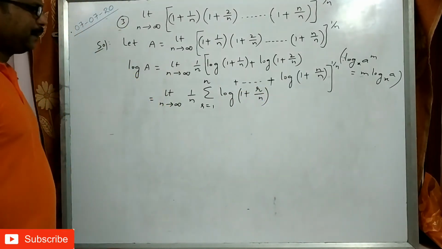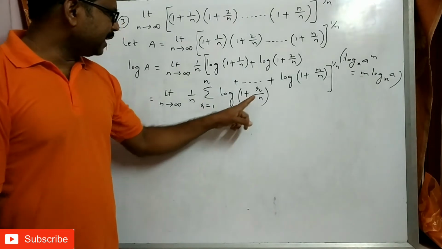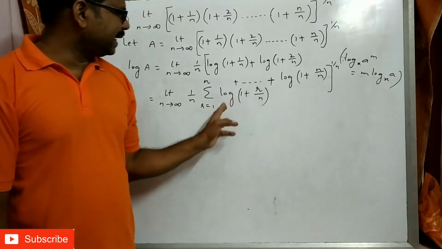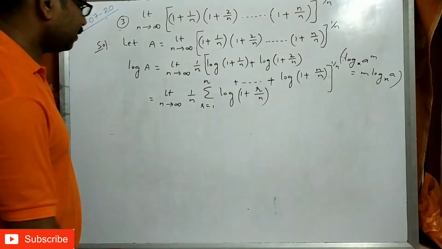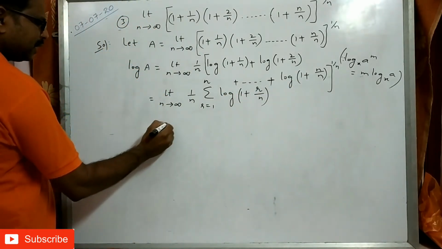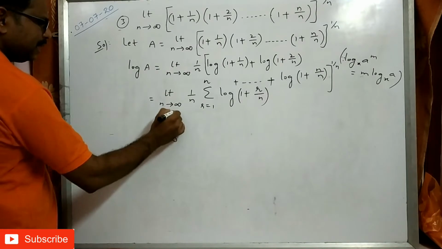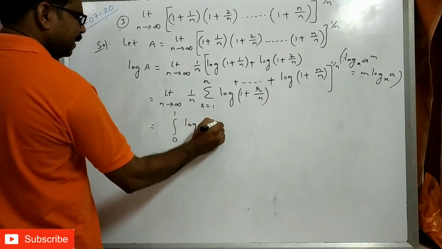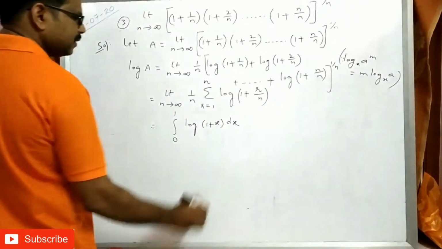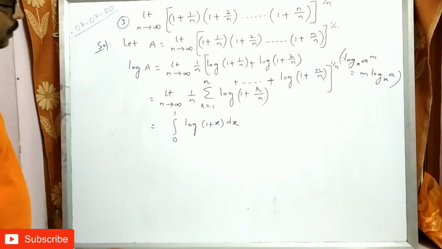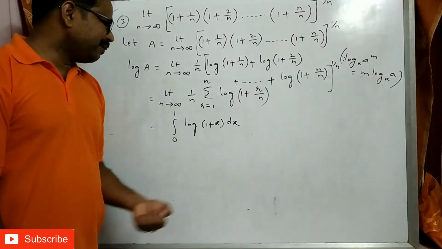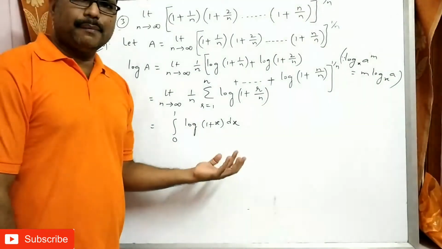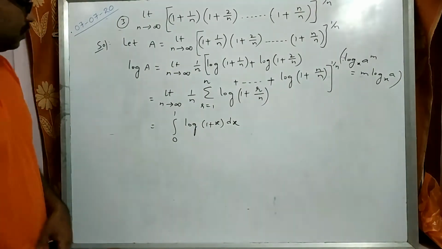Instead of r, keep 1 here: 1 plus 1 by n, plus 2 by n, like that up to n by n. So as per our calculation, the limits are from 0 to 1, integral of log of 1 plus x dx. So how do we calculate the integration of log of 1 plus x? By taking by parts, because directly we cannot do it.